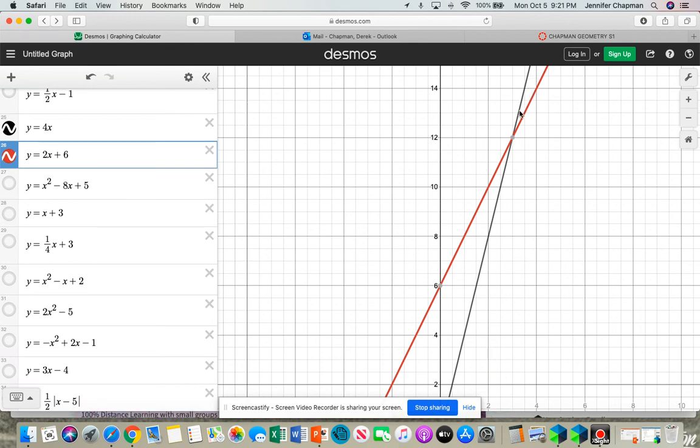So for number 21, our answer would be when x is greater than 3. If I said when x is greater than or equal to 3, now the question's changed. Now the question is, when will Tamara meet up with Cindy? When is she going to catch her, right? But it wants to know when she's going to be ahead of her. So you have to say when x is greater than 3.